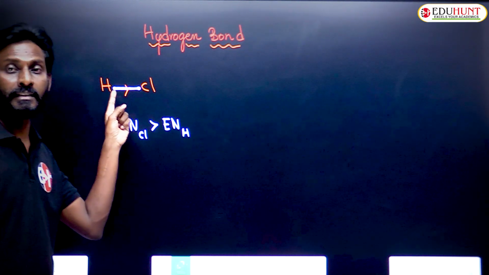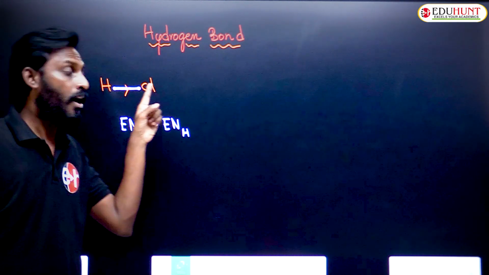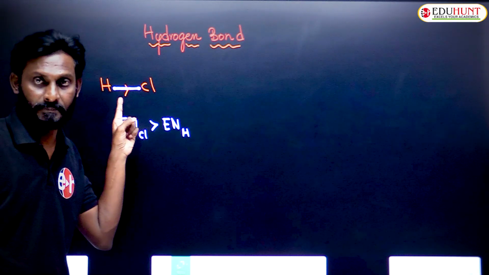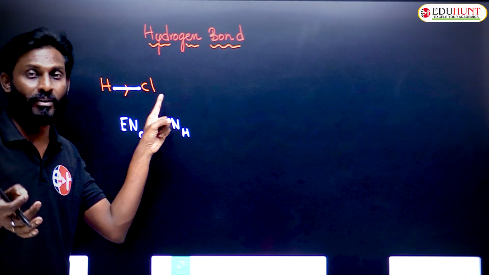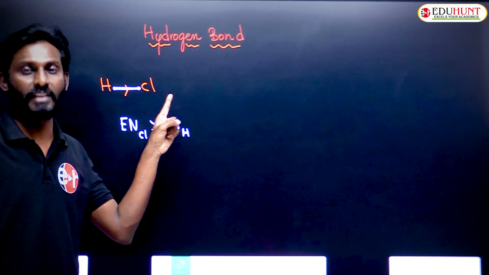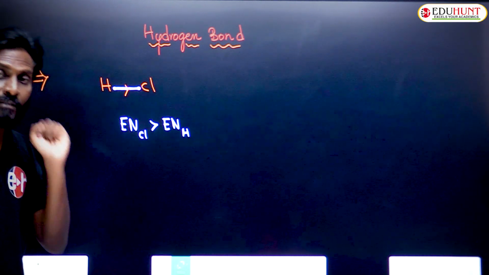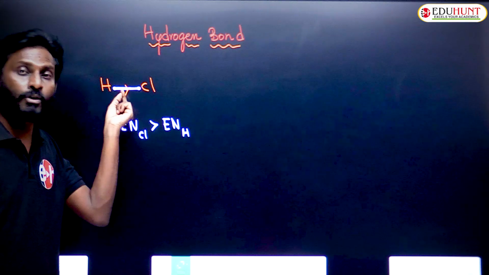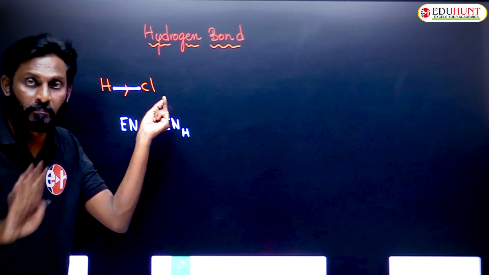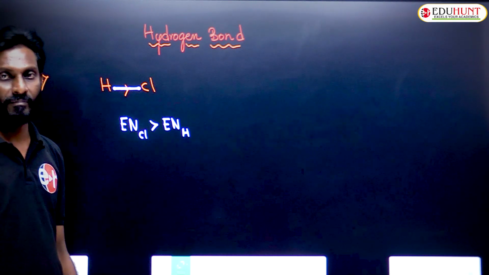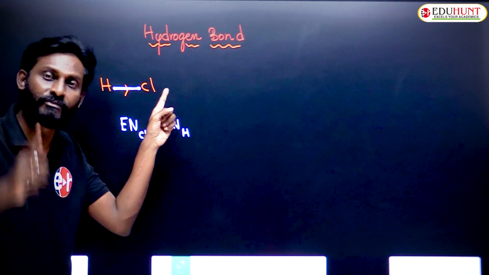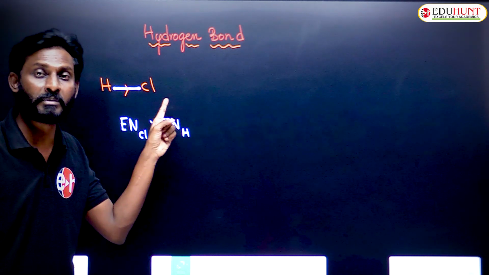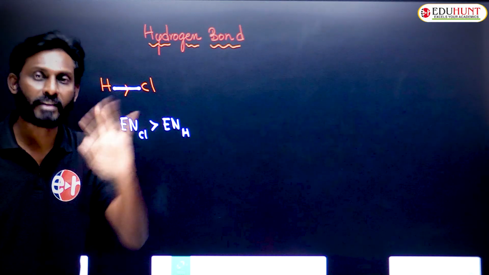If this pair completely shifts towards chlorine, then chlorine will get a complete negative charge, full negative. But here this pair is not shifting completely, but partially. So if this pair fully shifts, chlorine will get full charge. Partially shifts means chlorine will get partial charge.